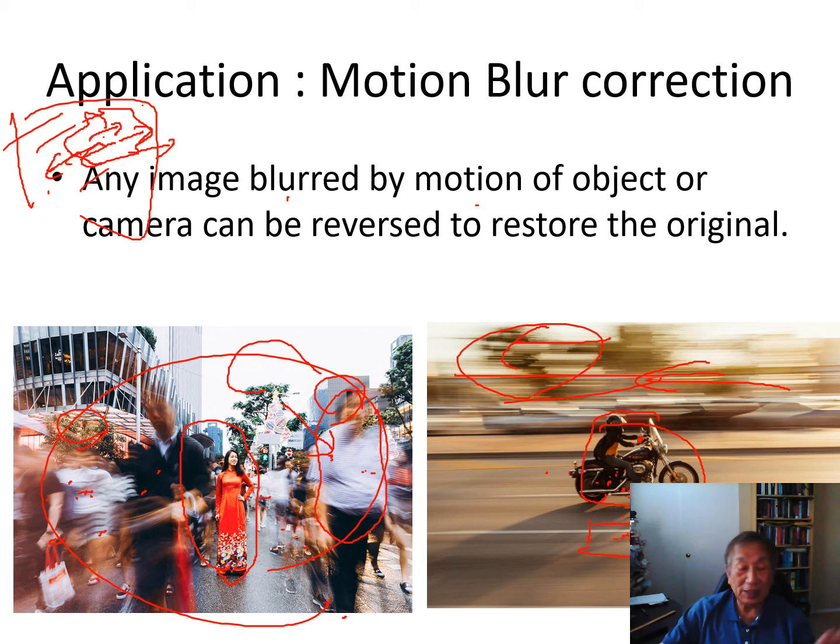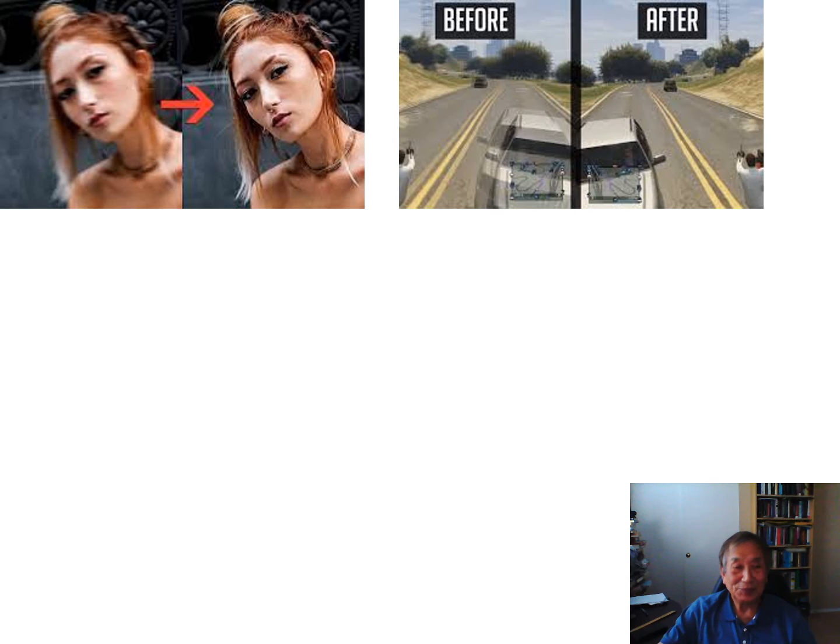In the first case the camera stayed the same but the people or the object moved. Here the camera is moving, and outside things are not moving. Of course, this is the moving object we want to focus on, so we are moving together.